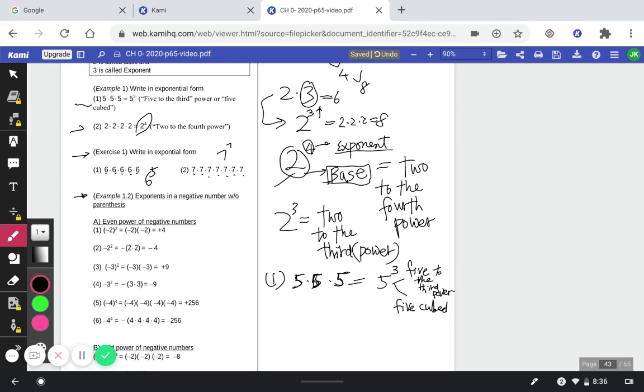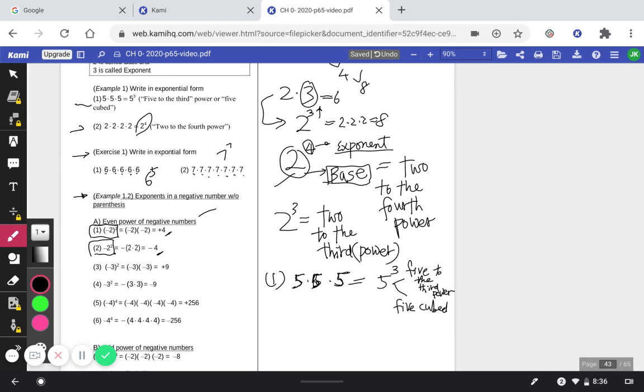Now, example 1.2. Exponents with negative numbers, with or without parentheses. A, even powers of negative numbers. When you have (negative 2) to the second power and negative 2 to the second power, these are two different answers, because one is negative 4 and the other is positive 4.